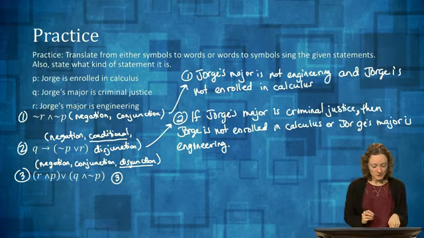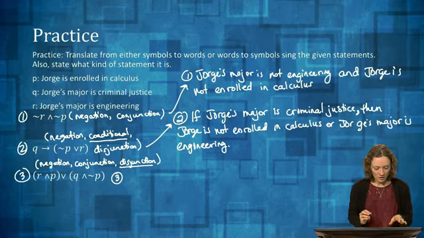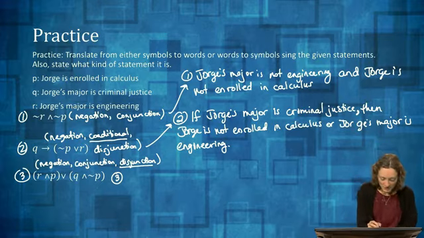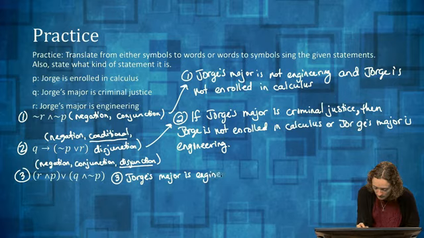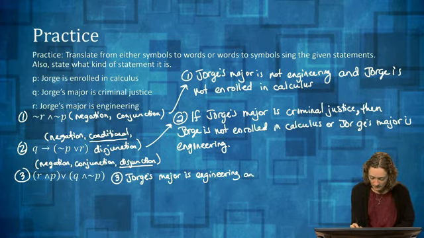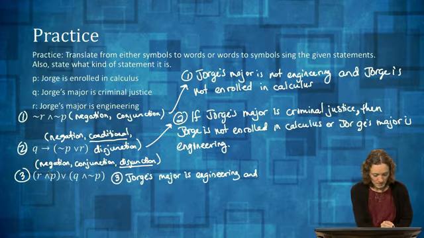So let's make the first parentheses translation, R and P. George's major is engineering. And P, George is enrolled in calculus.